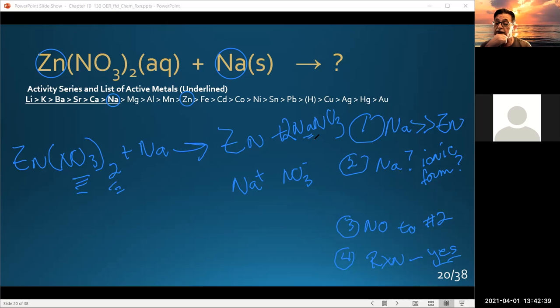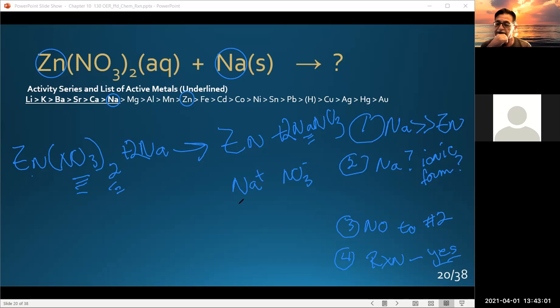In doing that, that kicks up my sodium count. No big deal, we come over here and put a 2 in front of sodium. And guess what, it is now balanced: one zinc, two sodium, two sodium, two nitrates, two nitrates.